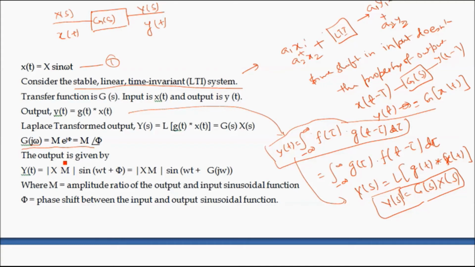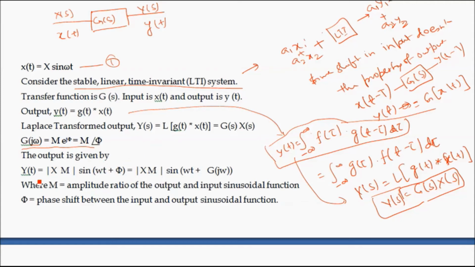That is, the amplitude of output will be the product of amplitude of input and the magnitude of transfer function, and the phase of the output will be given by omega t plus phi, where phi is the phase angle of the transfer function.